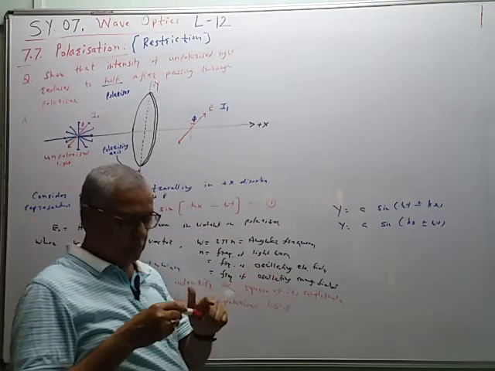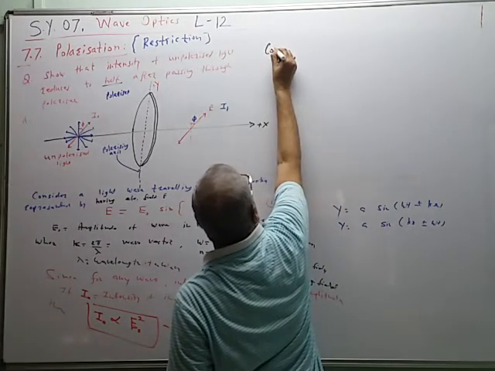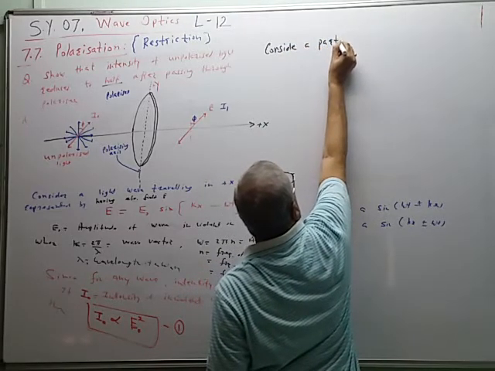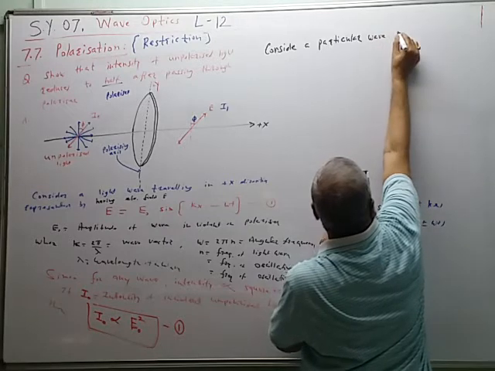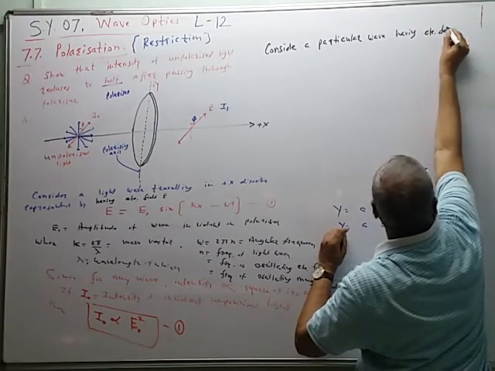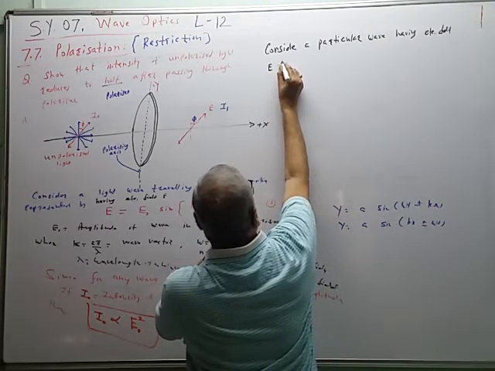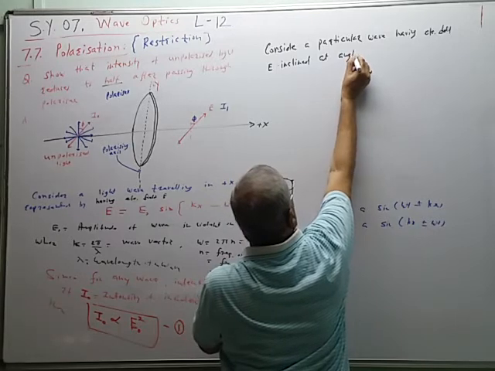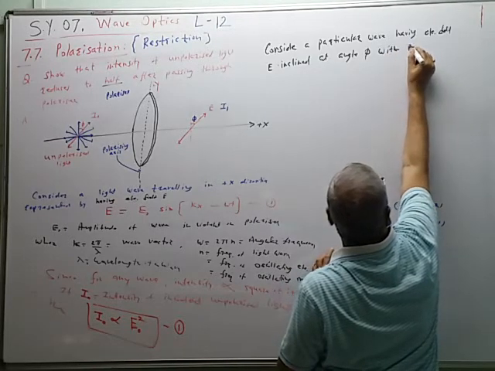Consider a particular wave having electric field E inclined at an angle phi with the polarizing axis.